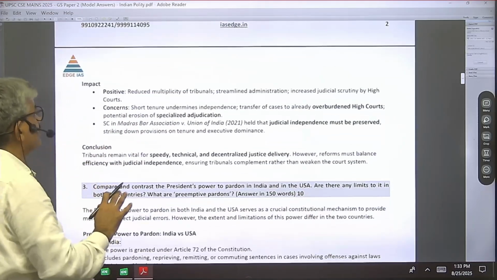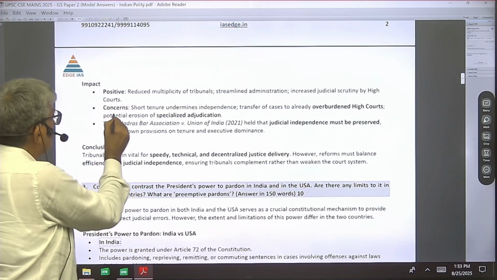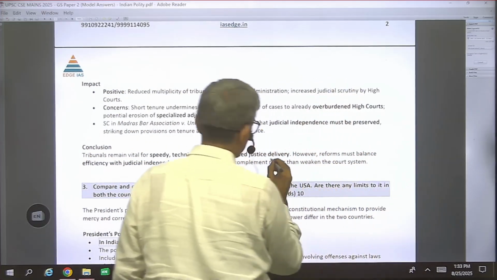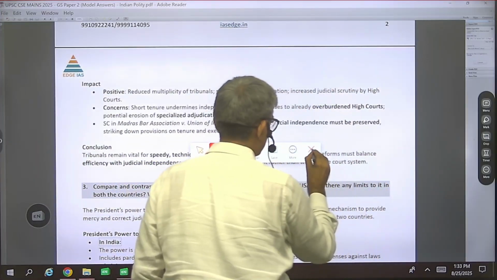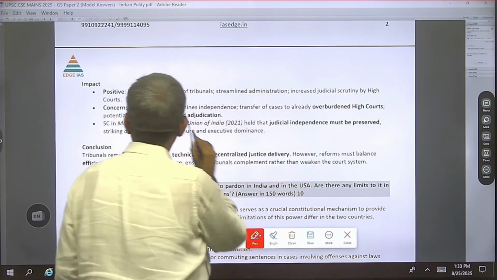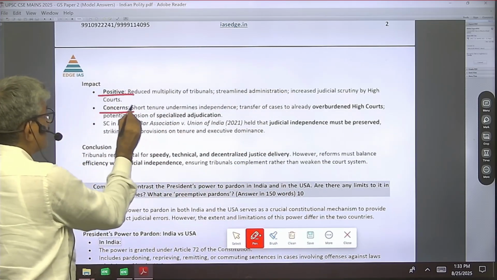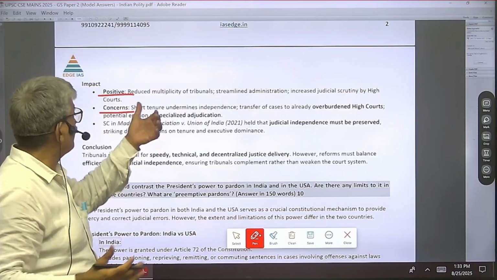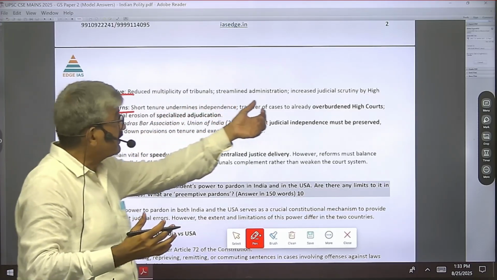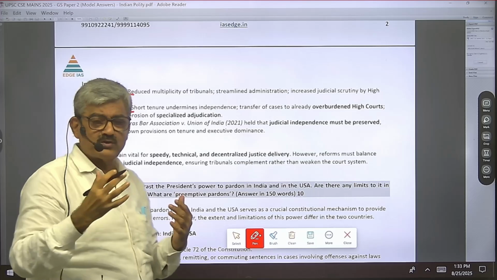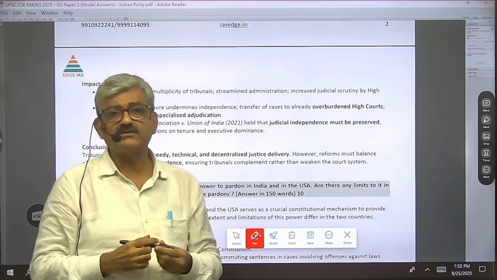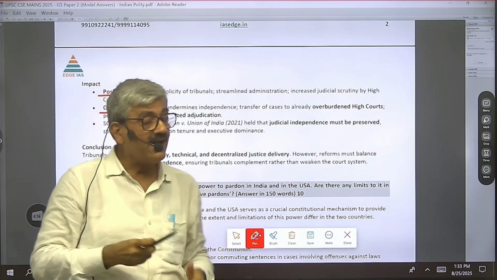This kind of thing is to be discussed in this answer, and there are some positives and certain concerns. Positives: there was a multiplicity of tribunals, streamlined administration, increased judicial scrutiny even by the High Court, because the orders of the CAT can be challenged in the High Court.